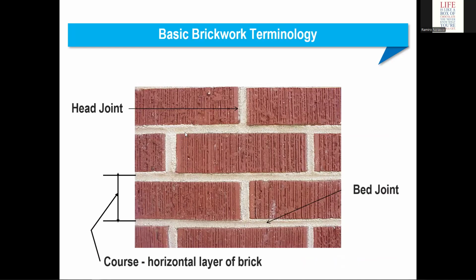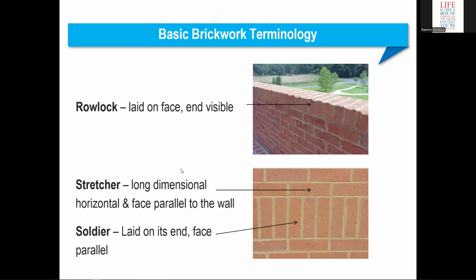So different brickwork terminology. So we have here the head. This is one course. That's the bed joint. Okay. Coarse horizontal layer of brick. So that's the one course. Okay. Row lock.